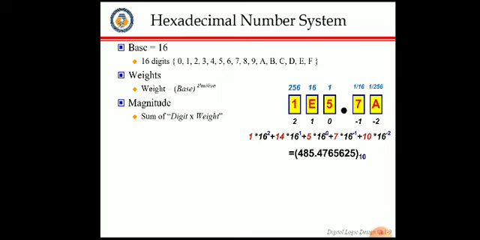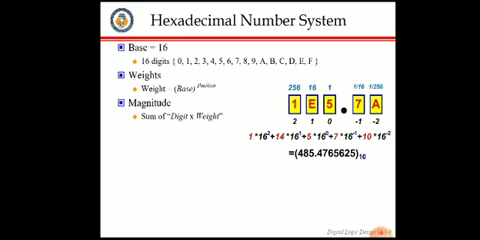Here you have to remember carefully, the important thing is that after 9 you will not get 10, because it is the hexadecimal number system. After 9 you will get A. A means 10, B means 11, C means 12, D means 13, E means 14, F means 15.